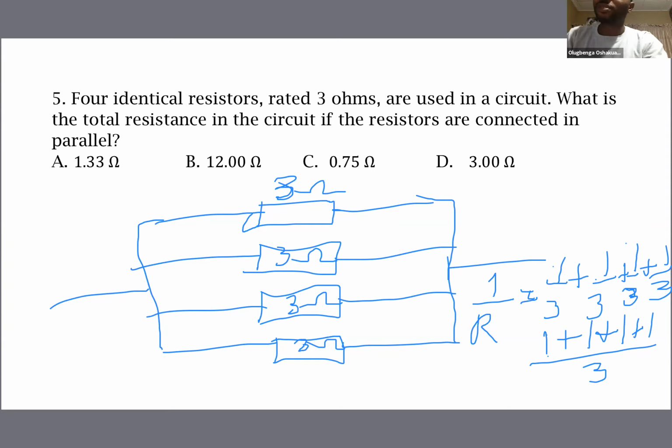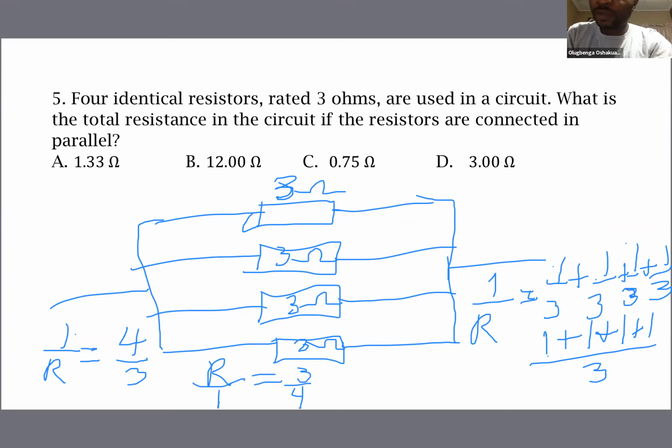And that will lead to saying 1 over R is equal to 4 over 3. And that means R over 1 will be equal to 3 over 4. That will mean R is equal to 3 over 4, which is the same thing as 0.75.